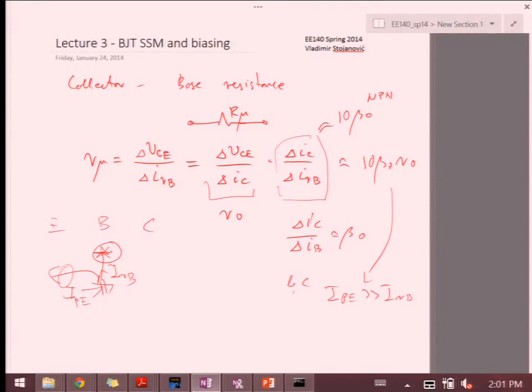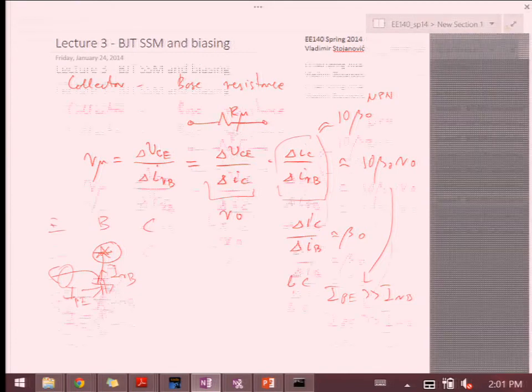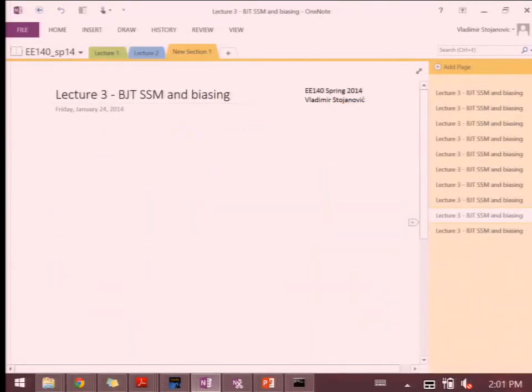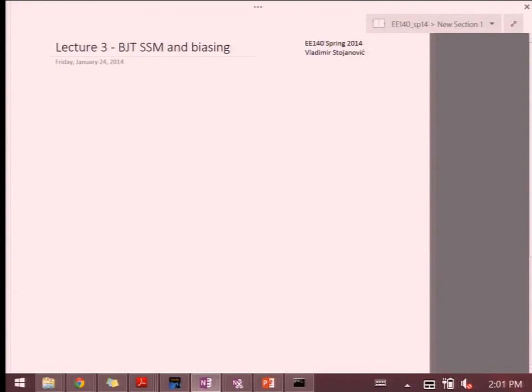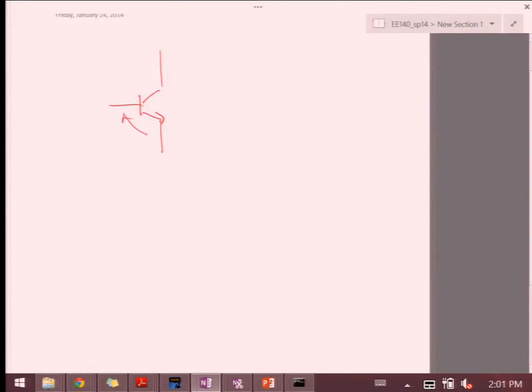Okay, let me spend one more minute on the biasing because it may actually help you a little bit for the homework, just to understand a few basic things, and then I'll let you go. When you solve problems with biasing in BJTs, you sometimes have to make some assumptions and later verify that they're true. For example, you're always going to say, let me figure out whether this transistor is in the forward active region.